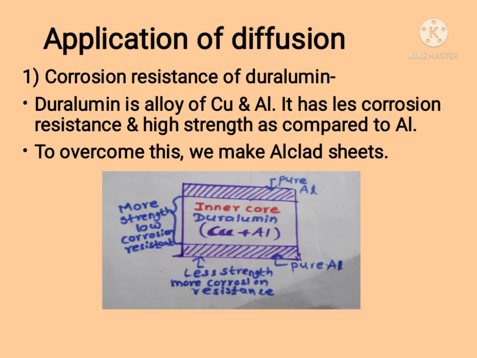The first application of diffusion is to increase the corrosion resistance of duralumin. For that, we make alclad sheets. As shown in the diagram, the duralumin is cladded in between two aluminum sheets. It means the duralumin core is sandwiched between two aluminum sheets.